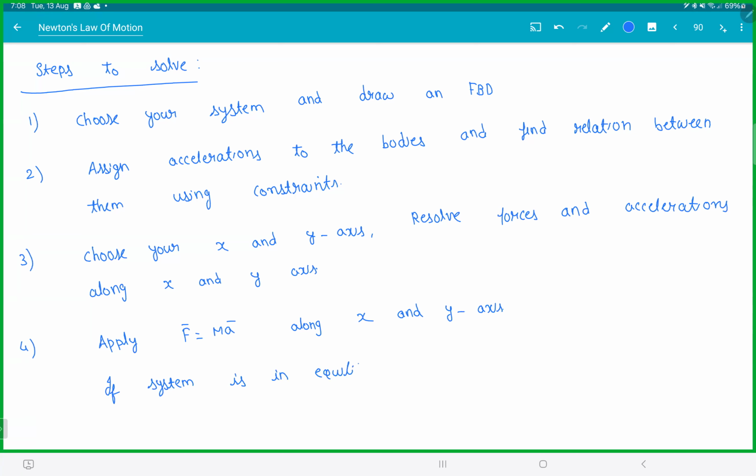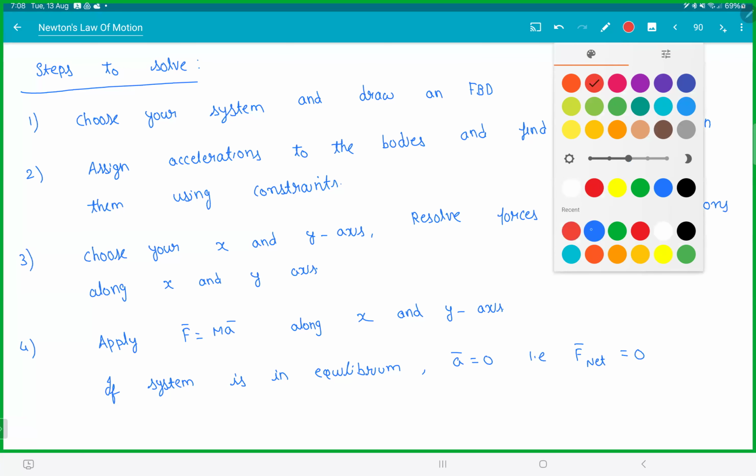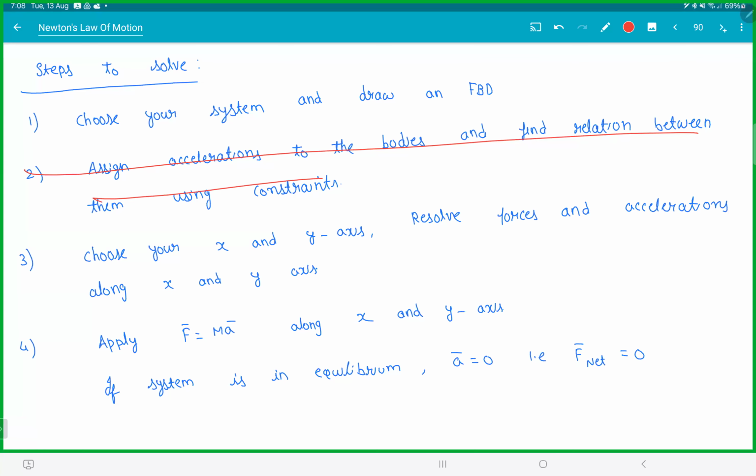No matter how complex it is, you're going to use all this to solve all problems. If system is in equilibrium, then acceleration is 0. That is F net is 0. So for equilibrium problems, step 2, we won't use. So we'll draw an FBD. We will resolve the forces. There's no acceleration.